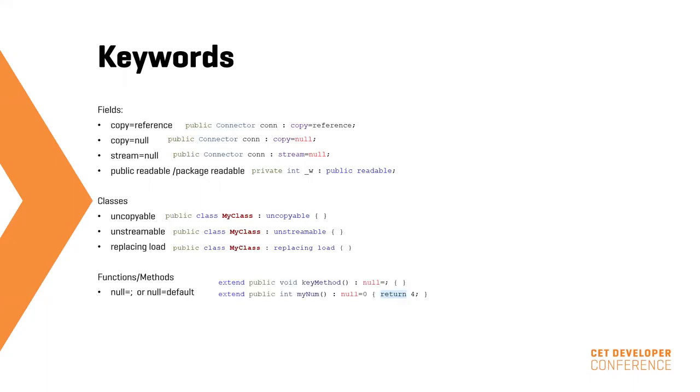Okay, so the null equals semicolon or the null equals a default value can be used on both fields and functions and methods. I'm saying functions and methods is the same thing. It is saying if I have a null pointer, return either null or the default type if I define that.